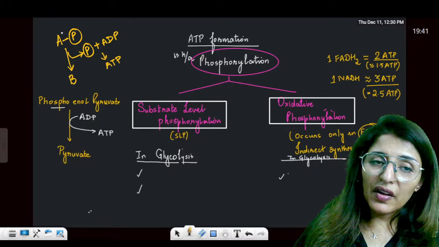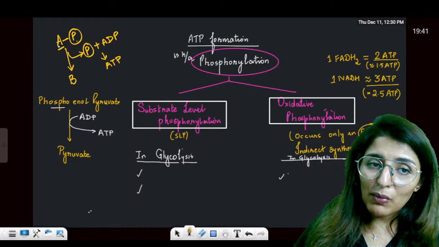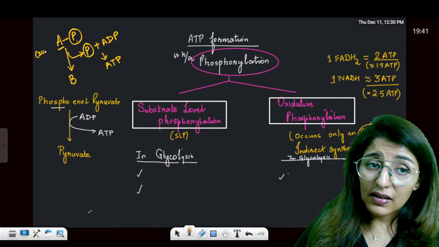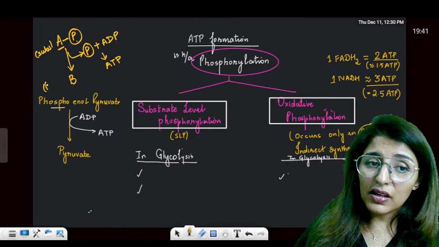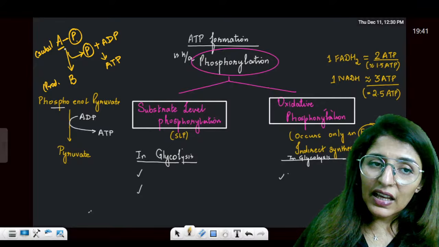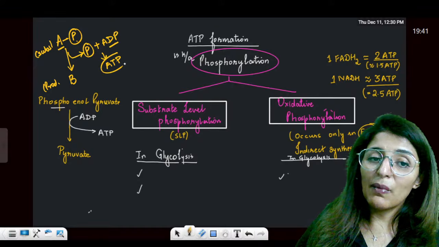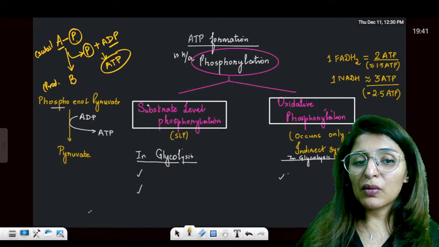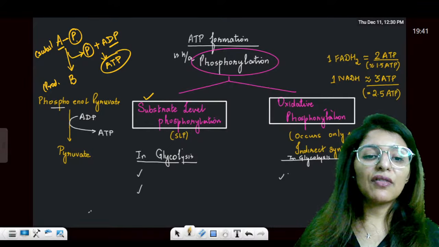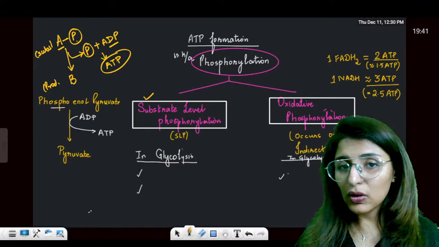So when we are taking phosphate from a substrate, and this is a product, and adding it to ADP to form ATP, such ATP formation is known as substrate level phosphorylation. Are these points clear to all?